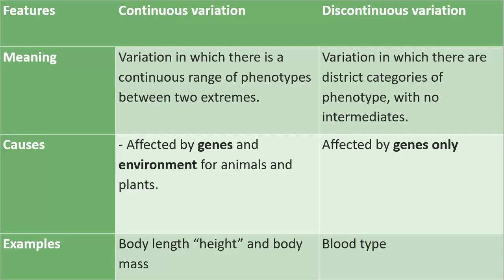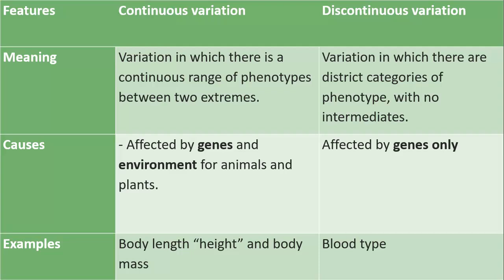Like what? You don't have specific groups, just like, for example, when we're talking about height. You don't have just groups, specific fixed groups of heights. You have a person with the height of 155 centimeters and another person with 155 and 1 millimeter and 2 millimeters and 3 millimeters.